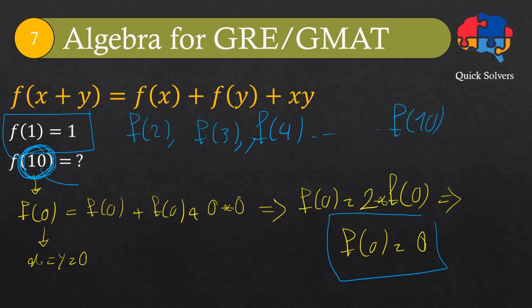But if it's a big number, like 100 or 1000, then this is not an efficient solution. So I'm going to go through another solution, which would work no matter if the number is 10 or 1000 or 1 million, and you can easily find f of that number.